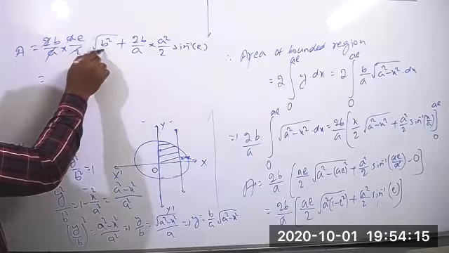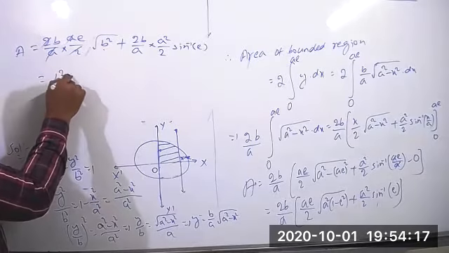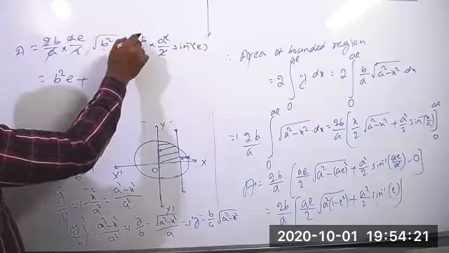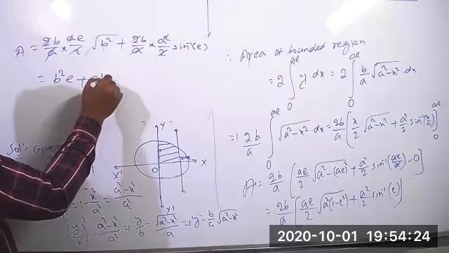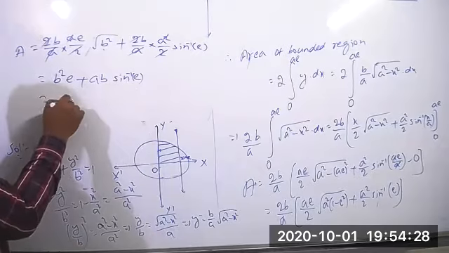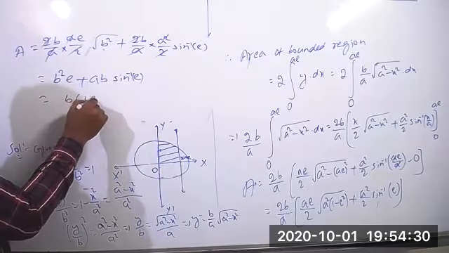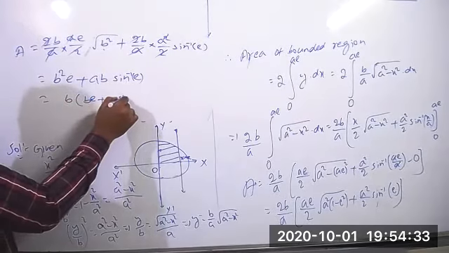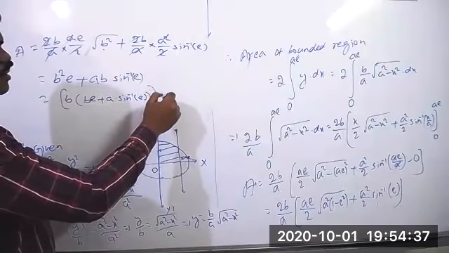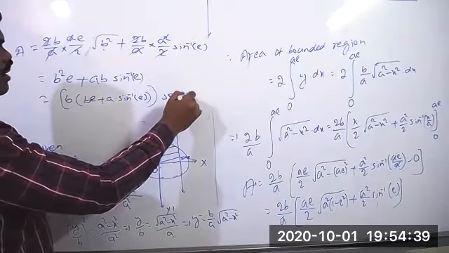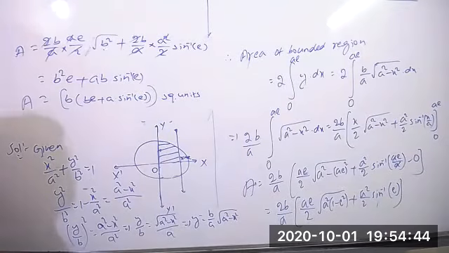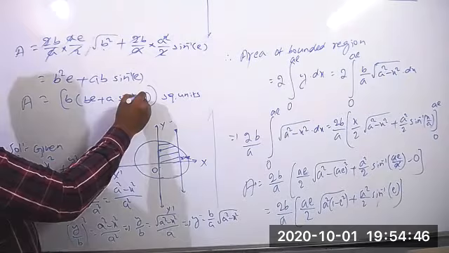The root of b square equals b, and b into b equals b square e, plus a square will be cancelled and 2 also cancels. So this is ab into sin inverse of e. If you want, you can take b common: b into (be plus a sin inverse of e) square units. This is the area of the bounded region.